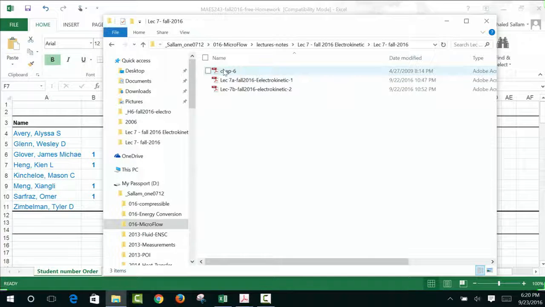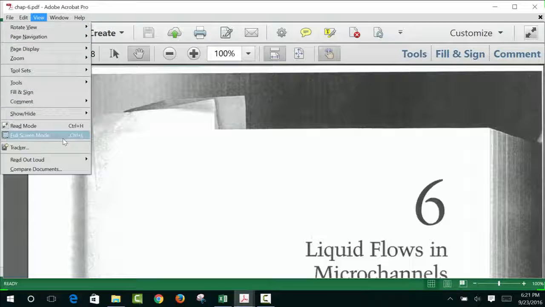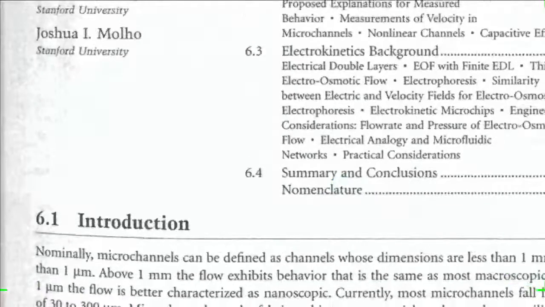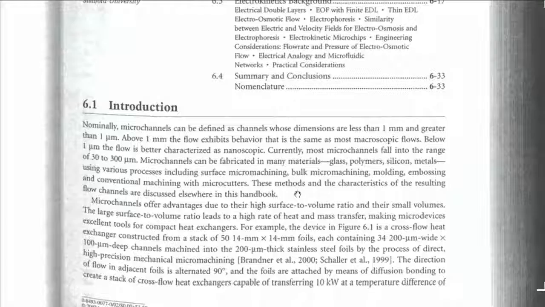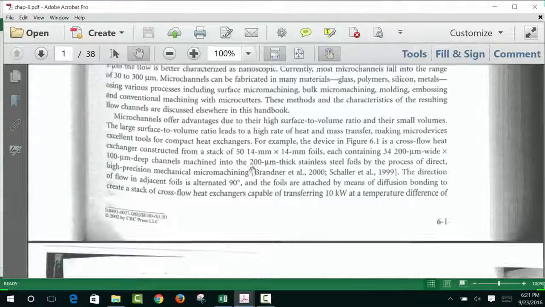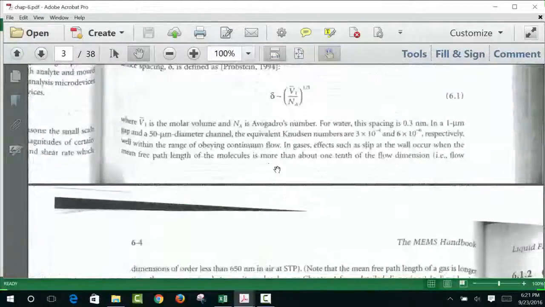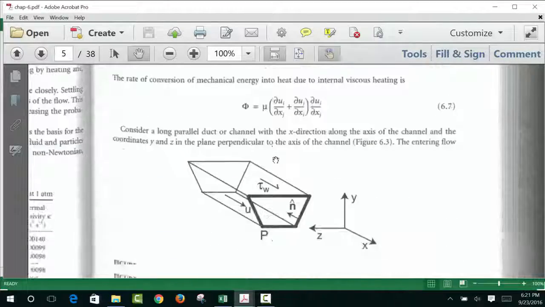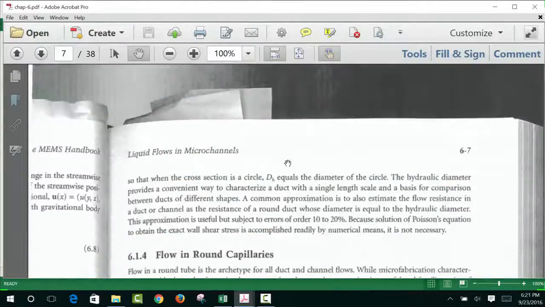For that, you know that chapter 6 that we had before, we talked a little bit about it. We had this when we were saying that the liquid generally wouldn't slip until you go too small, a nanochannel, then the liquid would slip, and we talked about the hydraulic diameter.